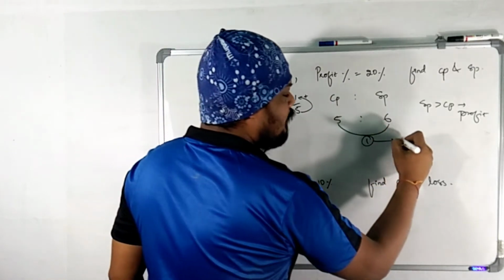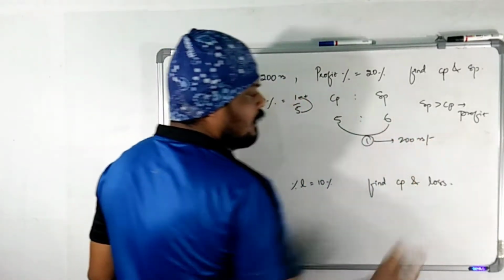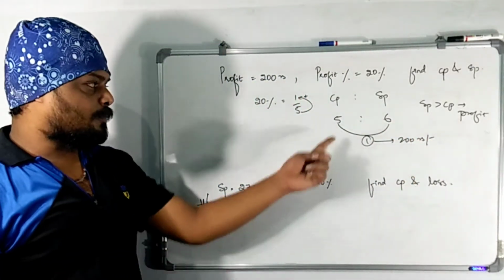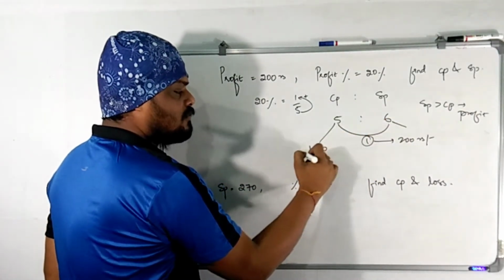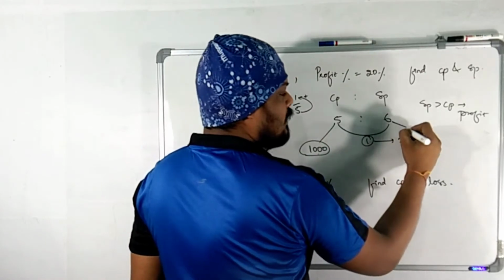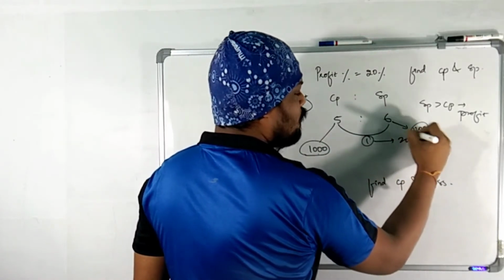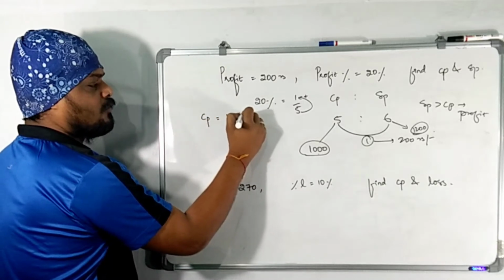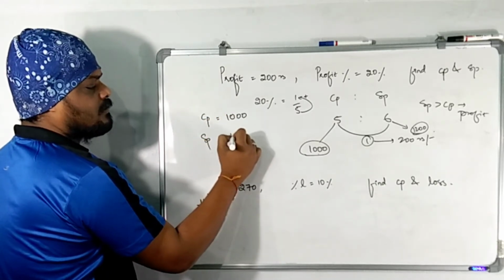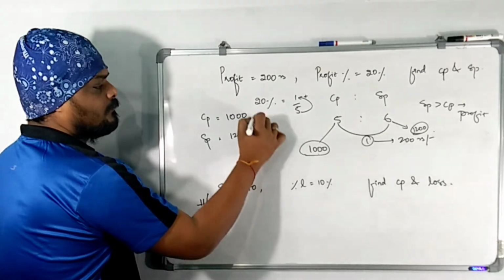If 1 unit values 200 rupees, then what about 5 units and 6 units? 5 units is nothing but 1000 and 6 units is nothing but 1200 rupees. Therefore, I got the answers: cost price is 1000 rupees and selling price is 1200 rupees.